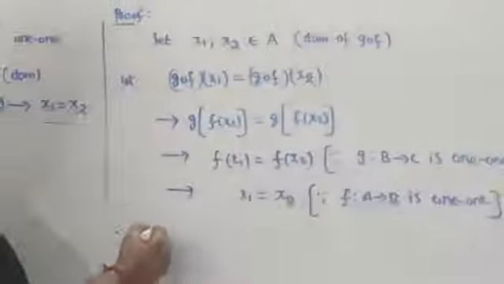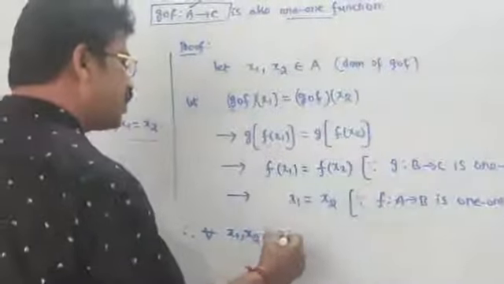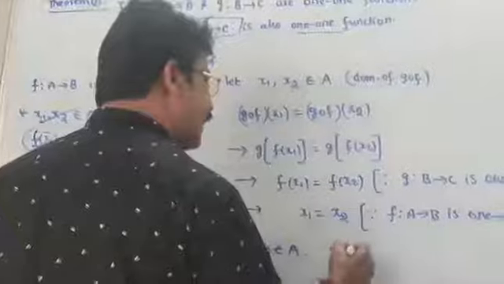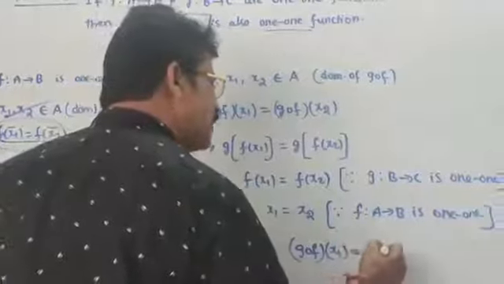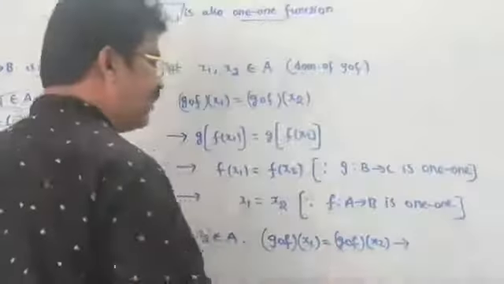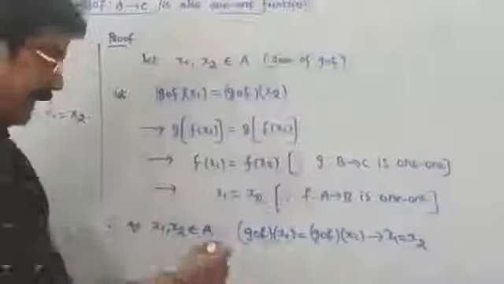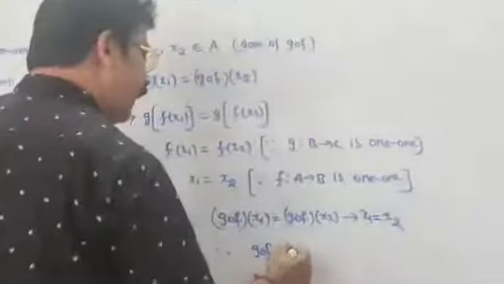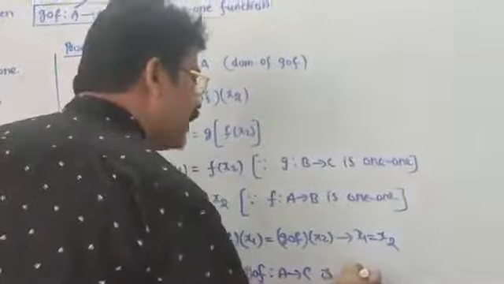Therefore for all x1 comma x2 that belongs to capital A, G circle f of x1 is equal to G circle f of x2 implies x1 is equal to x2. Therefore G circle f from A to C is one-one function.